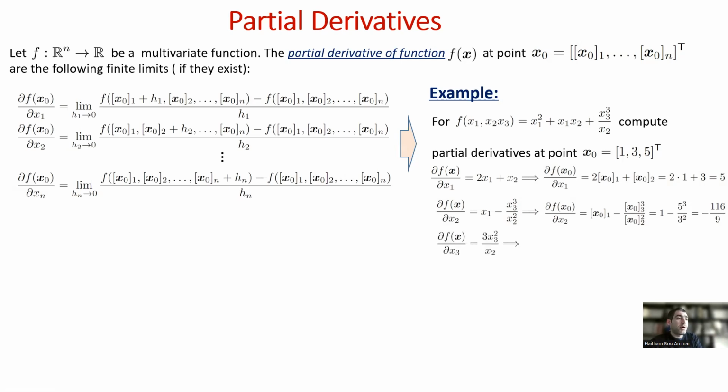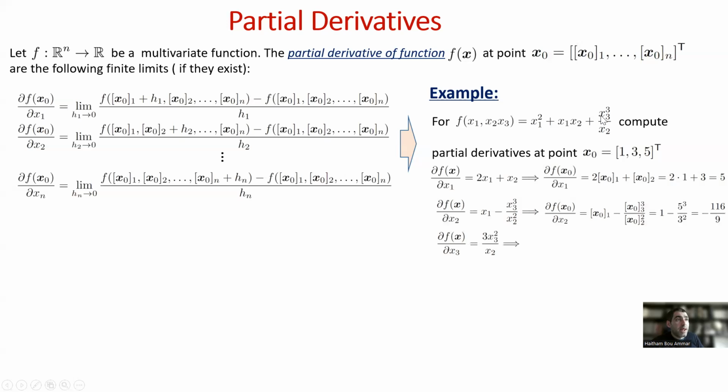Finally, we need to compute the partial derivative with respect to the third component. Again, we treat all the other components, x1 and x2, as constants in that function, and the only variable is x3. In this case, the first two terms don't depend on x3, so their derivative will be nothing but 0.